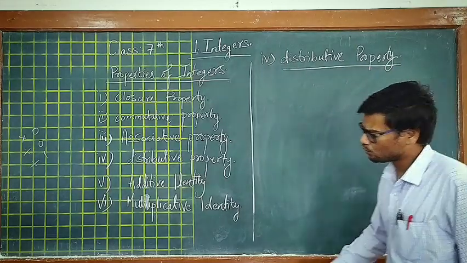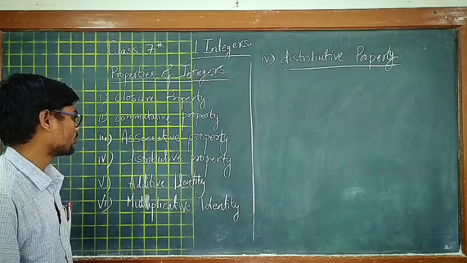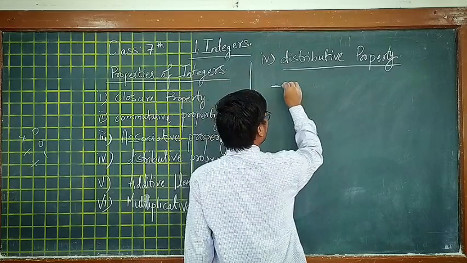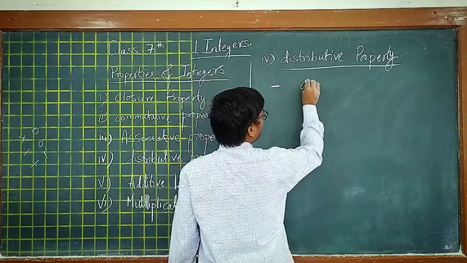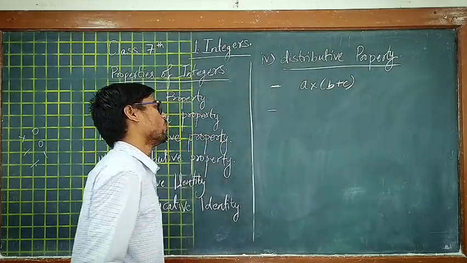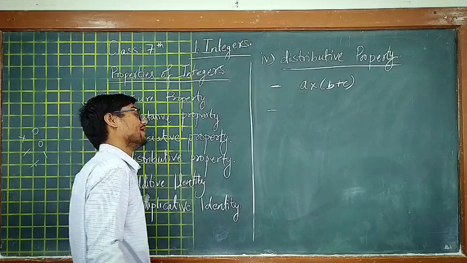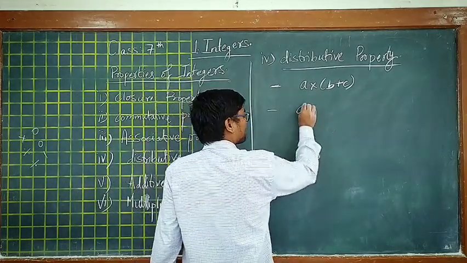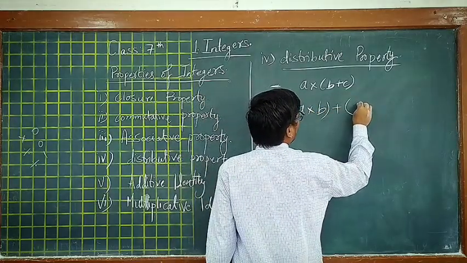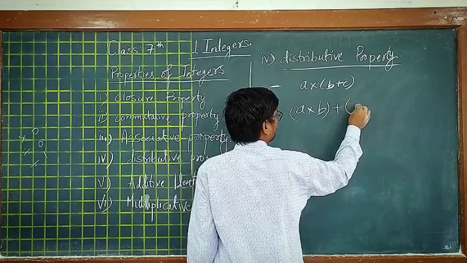So here we will distribute the multiplication over addition. If the integers follow these two expressions, if the value of these two expressions for three integers a, b and c are equal, then we say that integers obey the distributive property of multiplication over addition.